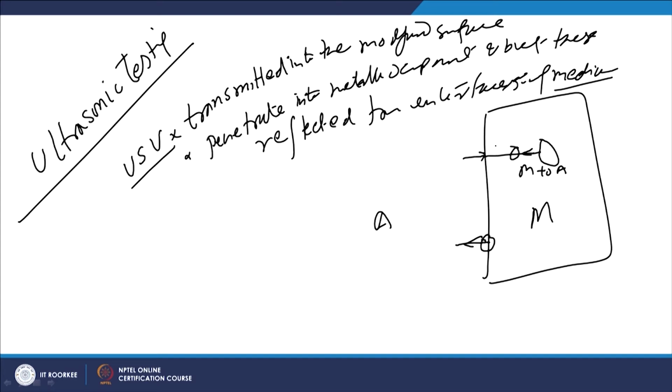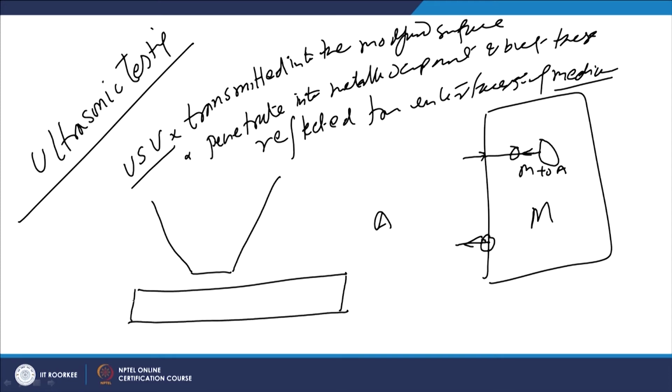So what we do, we use an ultrasonic vibration probe, which is applied onto the surface of the modified layer like this. This is the layer which is applied of metal B, and this is the metal S in form of substrate.